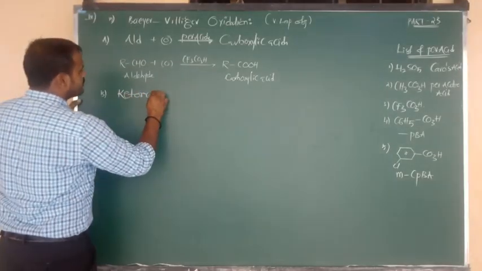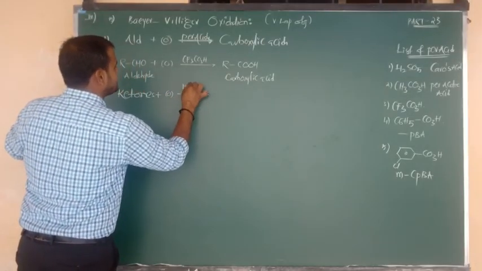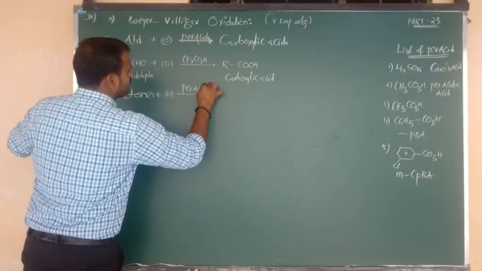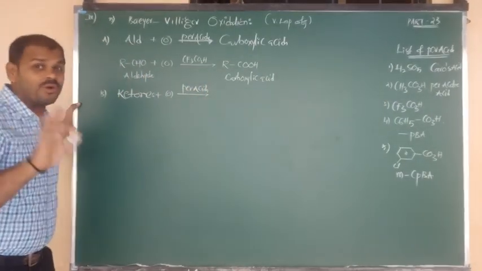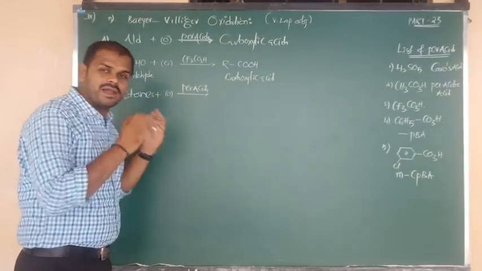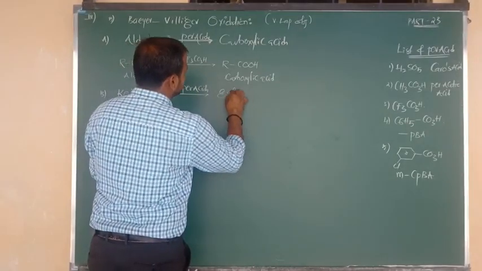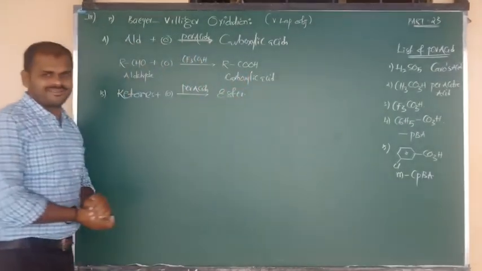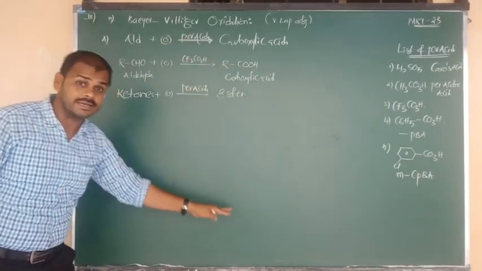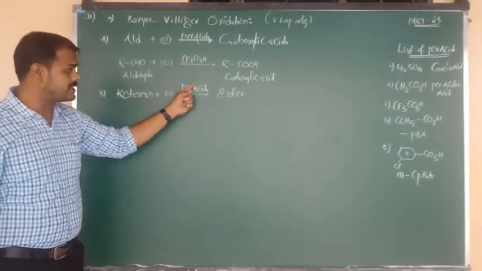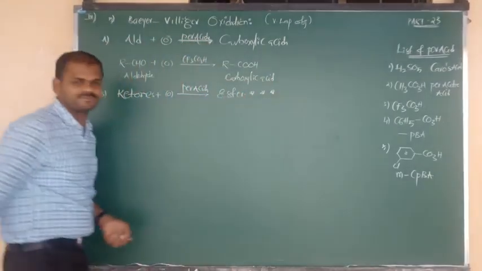Ketones upon oxidation with peracids do not give a carboxylic acid. The very interesting and very important product is known as ester. So aldehydes upon oxidation with peracid give carboxylic acids, but ketones upon oxidation with peracid give esters. Very, very important reaction.